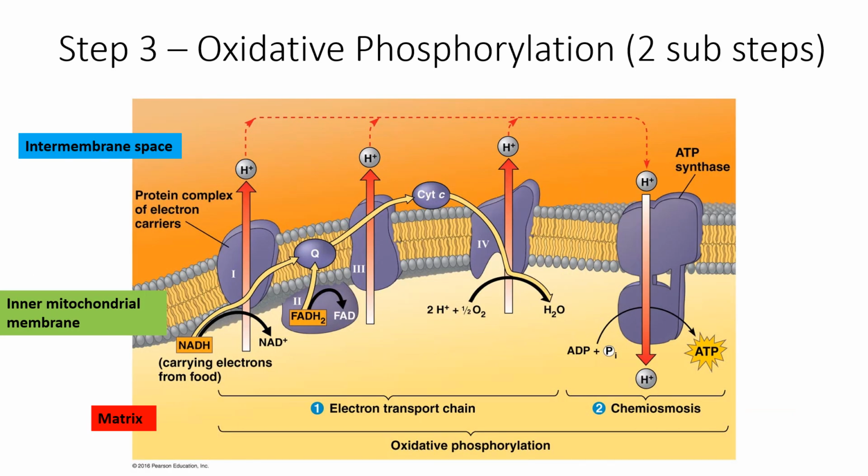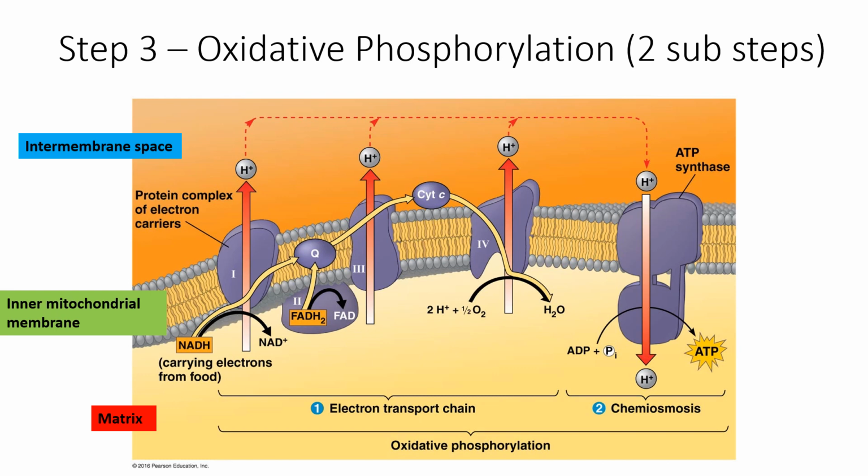From here, we enter into that final step, step 3, oxidative phosphorylation, which I want to point a few things out about before we look at it more closely. One, oxidative phosphorylation happens in two sub-steps. We have the electron transport chain, which you can see on the left, and chemiosmosis, which is illustrated on the right.